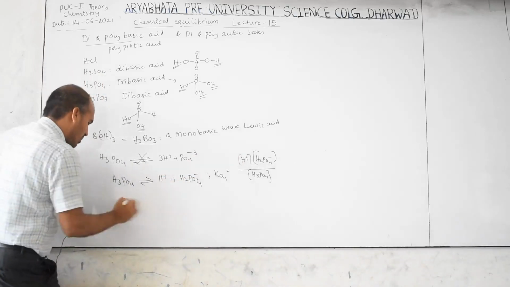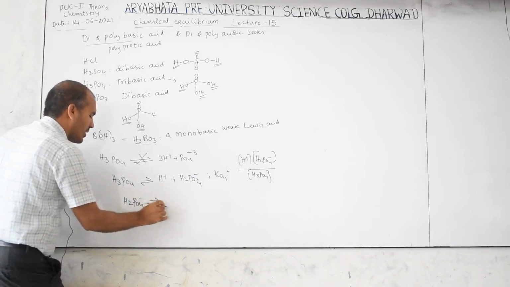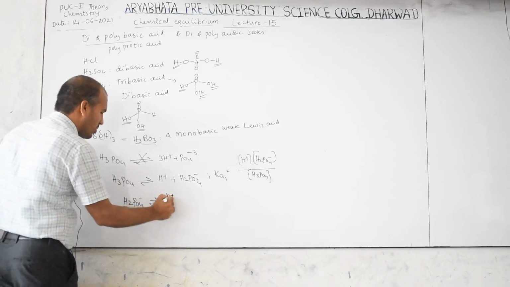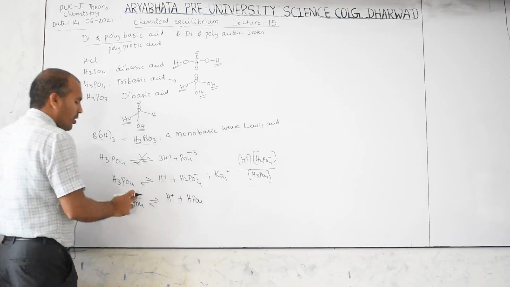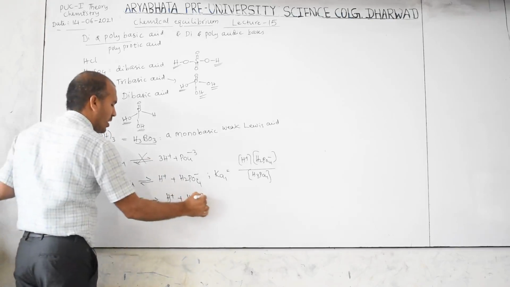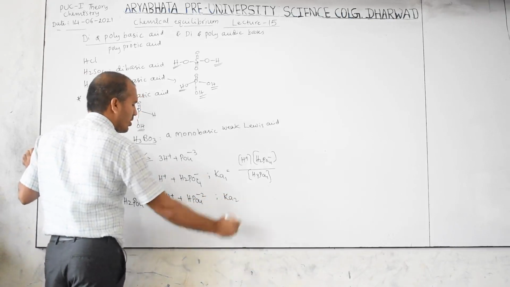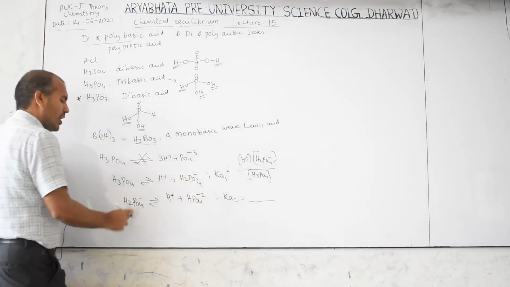Next, H2PO4 minus ionizes in the second step. Two hydrogens are there, and one hydrogen is replaceable, and it converts to HPO4. Already one minus, next minus, therefore minus 2. This is represented as Ka2. If you want to write it, you write product by reactant, because these are products and this is the reactant.